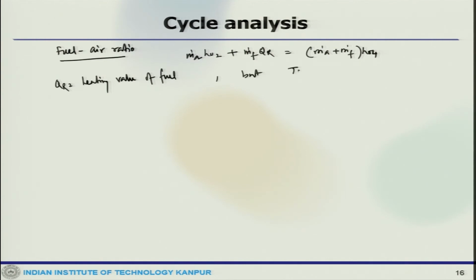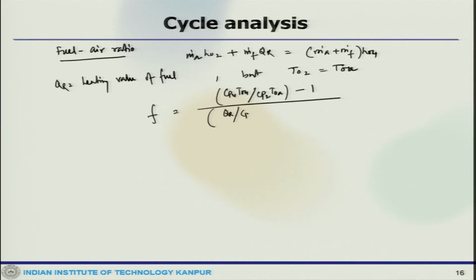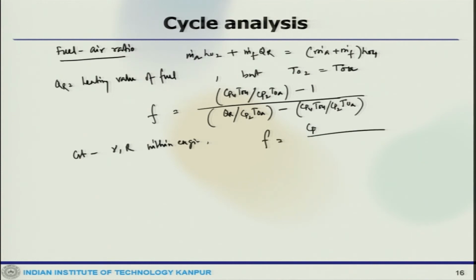But we have T naught 2 is T naught A. So, we will get f equals C p 4 T naught 4 by C p 2 T naught A minus 1 over q R by C p 2 T naught A minus C p 4 T naught 4 by C p 2 T naught A. Now, for constant gamma R within the engine, f boils down to C p (T naught 4 minus T naught A) over (q R minus C p T naught A).